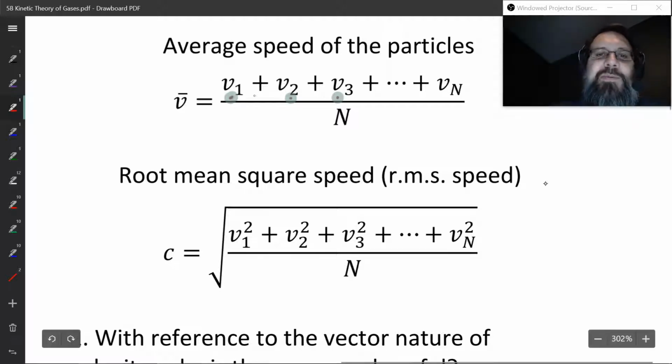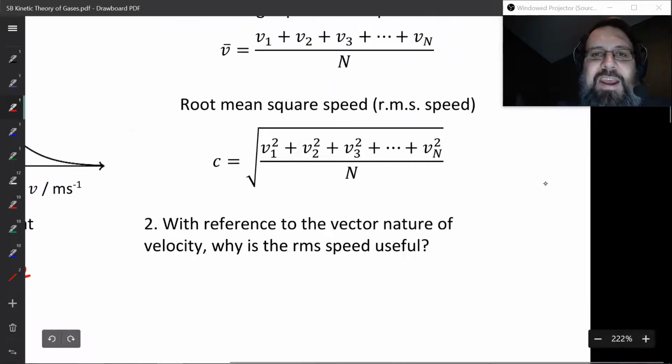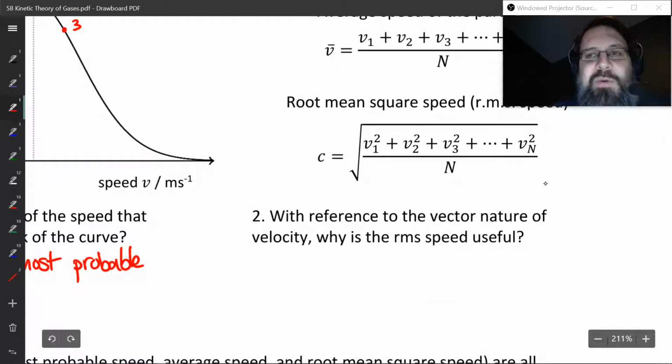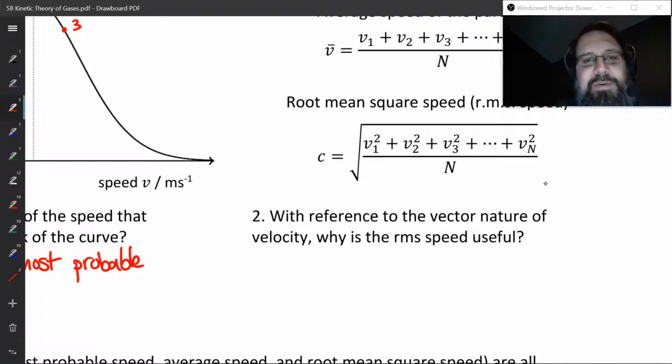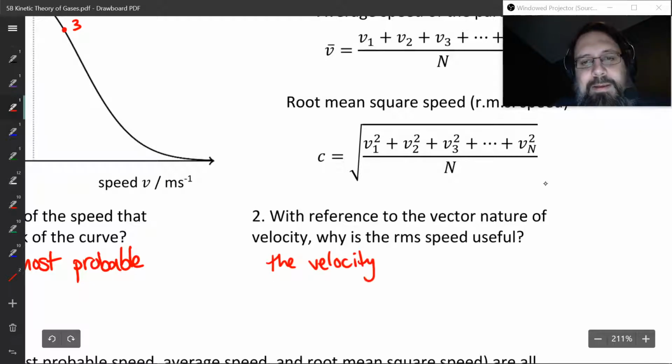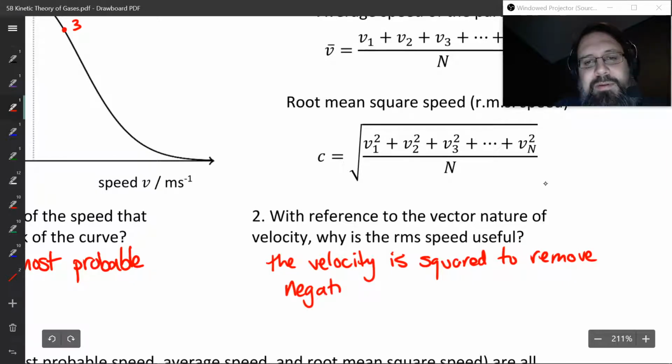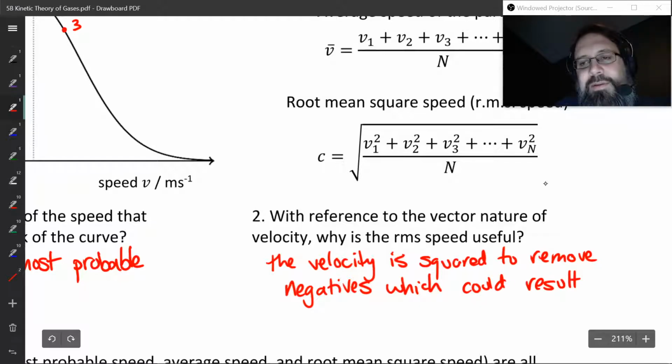Now, why would you do this? Well, the reason is because velocity is a vector. So we want to square it out to get rid of negatives, which could result in zero average velocity.